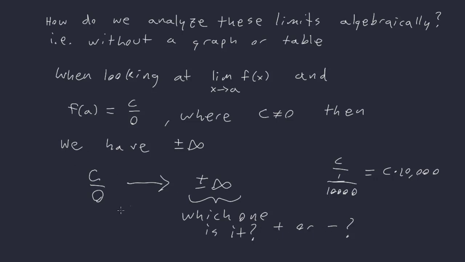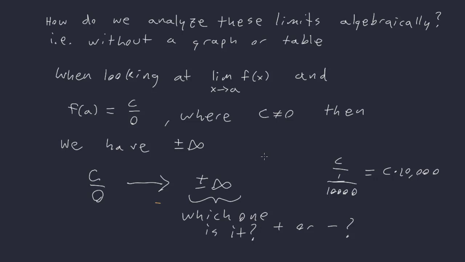All right, and this is always going to happen because if you think about c over something like 1 over 10,000, that's always going to be some constant times 10,000, right? And as the x's get smaller and smaller and smaller, the c over that gets larger and larger and larger and larger. So the c over 0 case is always a plus or minus infinity.